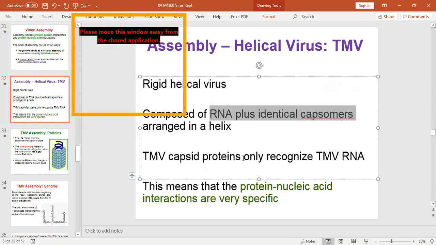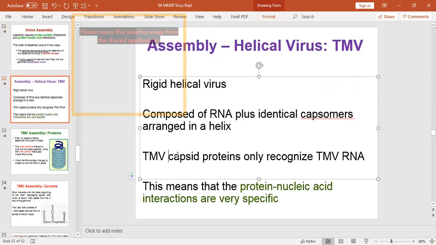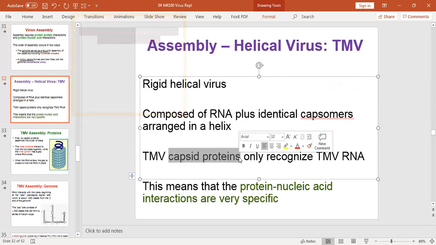TMV capsid proteins only recognize TMV RNA. So the interaction between the nucleic acid and the capsid proteins is very specific and unique.